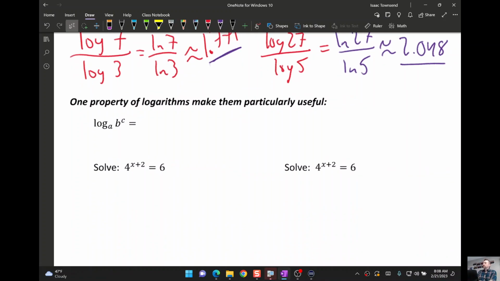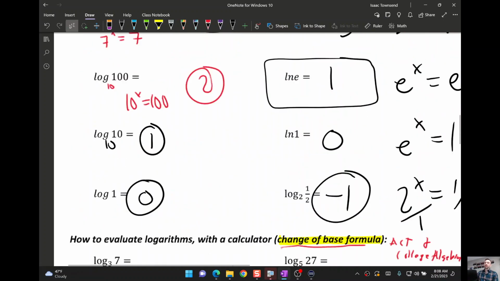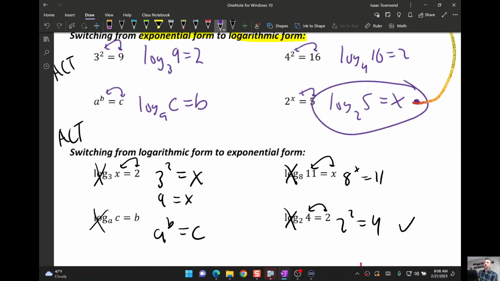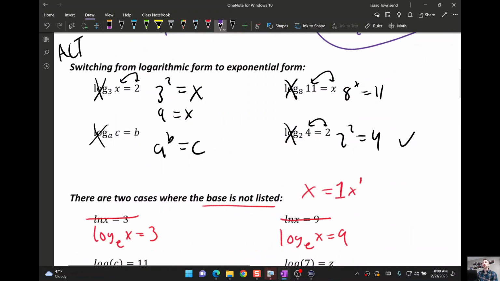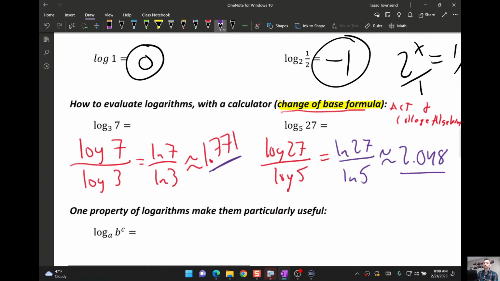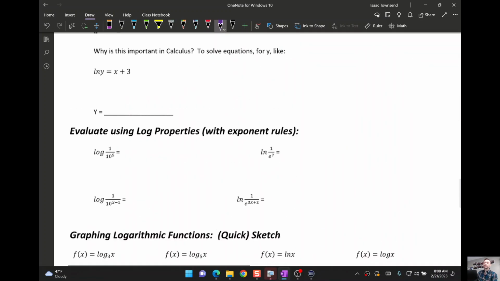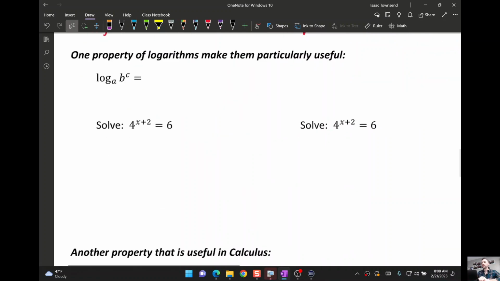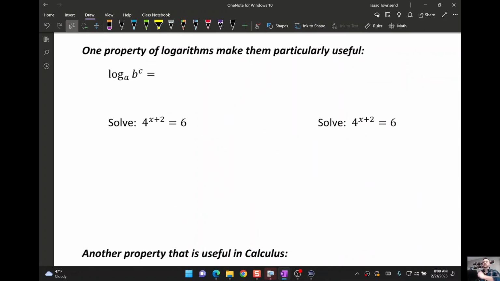Okay, so one way to solve equations is just switching the forms. So sometimes we can get away with just taking it from logarithmic form, switching it to exponential form, or if it's in exponential form, we can switch it to logarithmic form. Sometimes that is enough to solve the equations, and that is a good thing to start off with. But there is this special property. This is really what makes logarithms super useful.